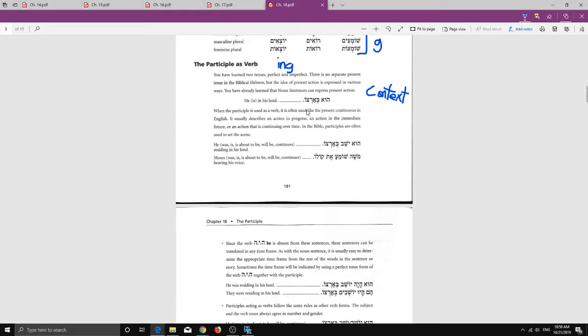So, for instance, I guess first they wanted to remind you about noun sentences. Hu ba'aretzo, so he is, you have to imagine that "is", in his land. He is in his land.